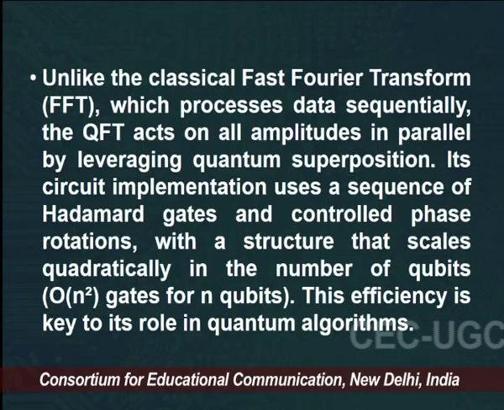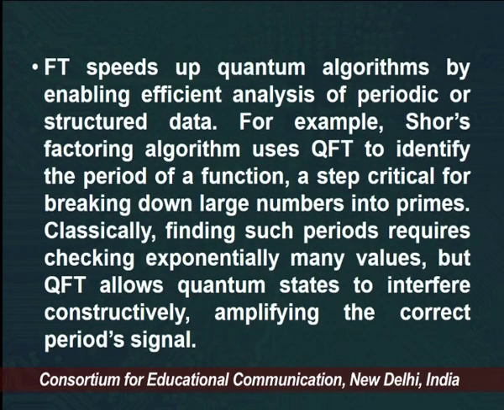This efficiency is key to its role in quantum algorithms. The Fourier transform speeds up quantum algorithms by enabling efficient analysis of periodic or structured data. For example, the Shor factoring algorithm uses QFT to identify the period of a function. So, in a hybrid manner, the Shor algorithm uses the QFT, a step critical for breaking large numbers into primes, and it is used efficiently.